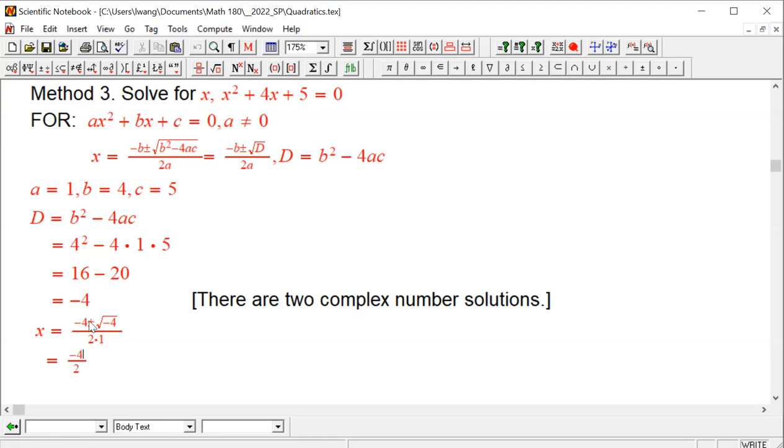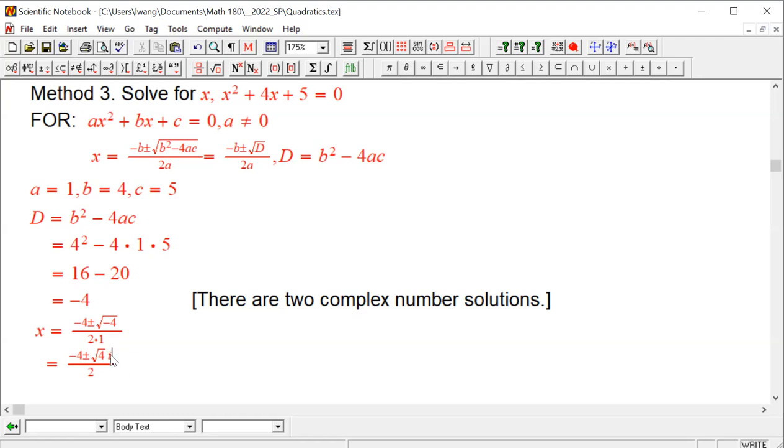Numerator is -4 plus minus, so how do we write the square root of -4? We can write it as root 4 times root of -1. And root of -1, that's I.